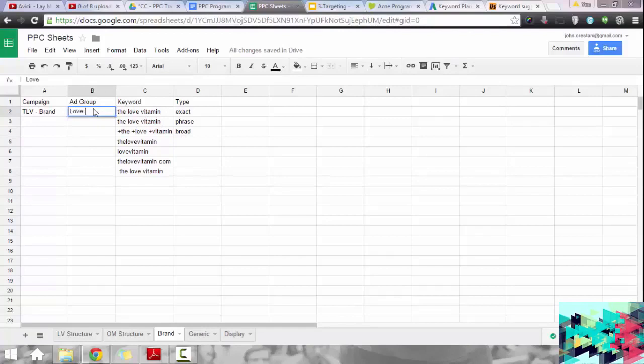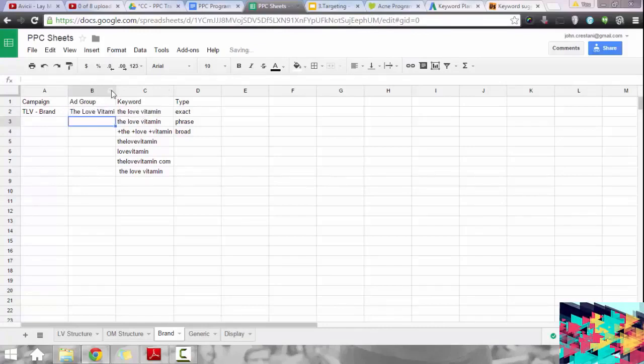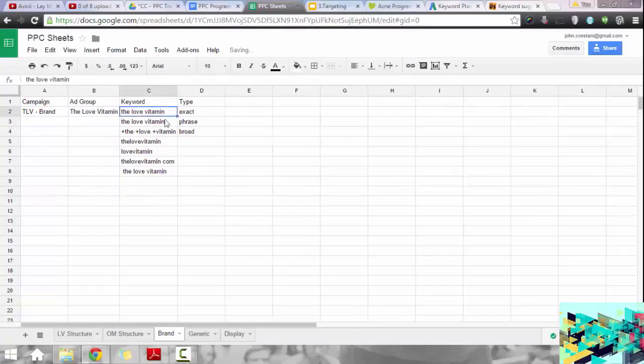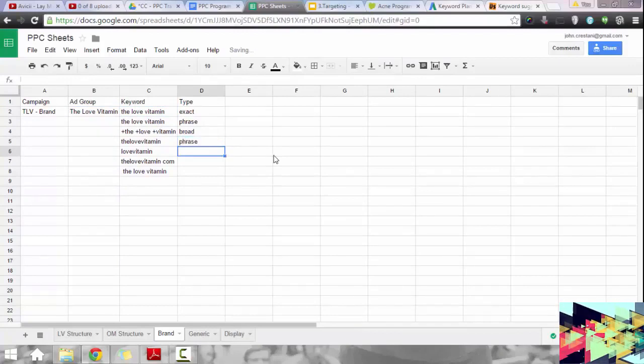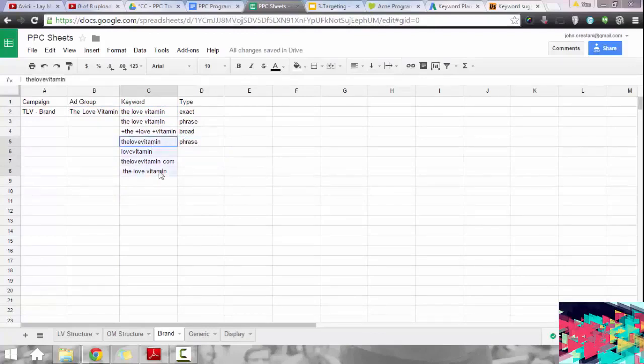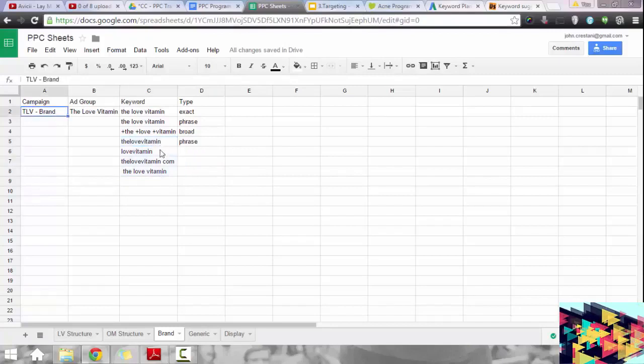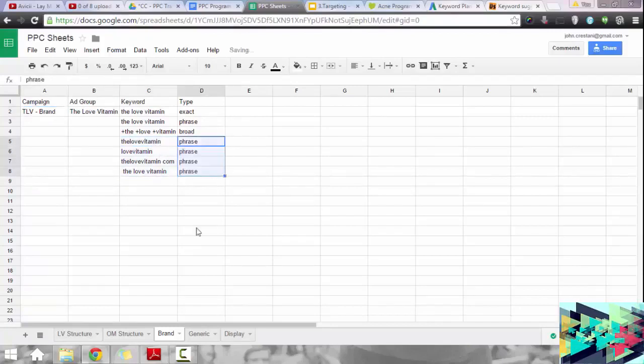I'm just going to name it love vitamin because that describes the root keyword in the ad group. Makes sense? Love vitamin. So what I'll do with this is, because this is a brand campaign, I'm just going to make the rest of these phrase.